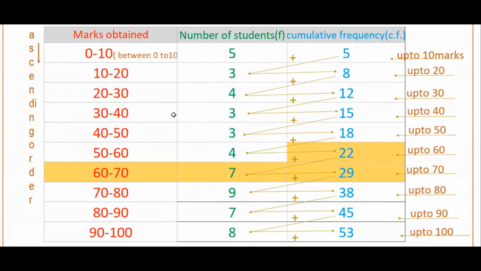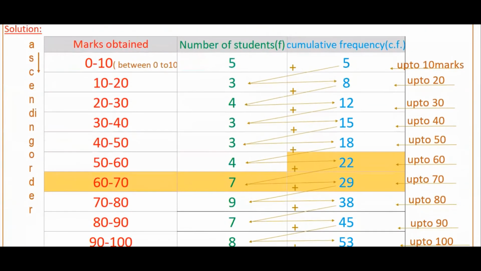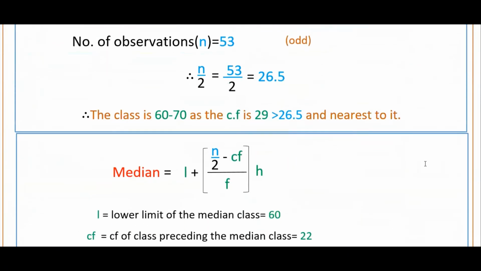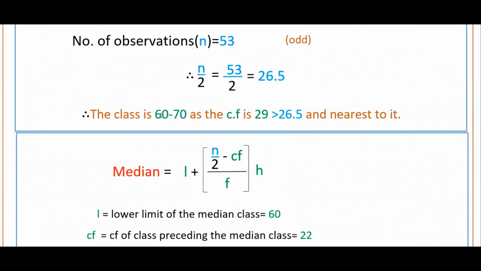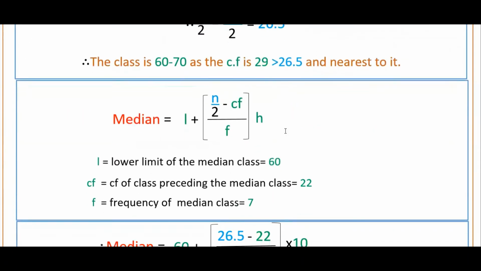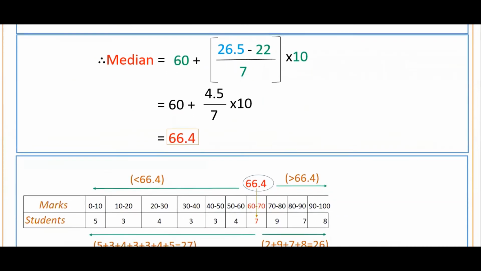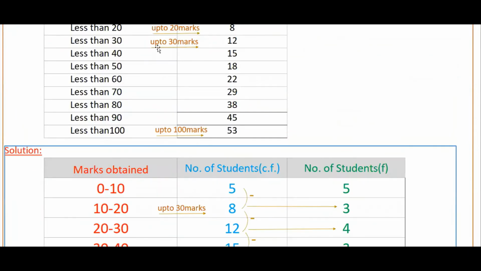From here it is similar to that problem. So you can continue this problem similarly, find the median class and apply the formula. The only thing is you have to write these values in class interval form like this.